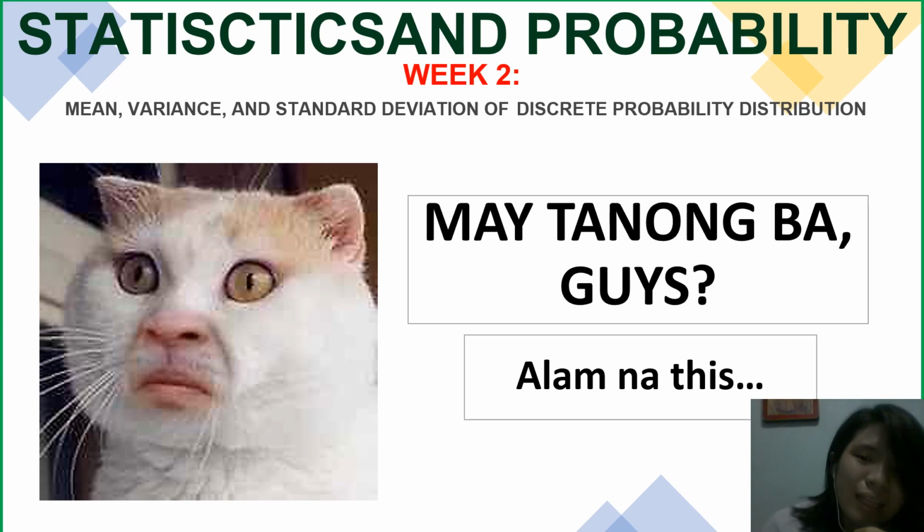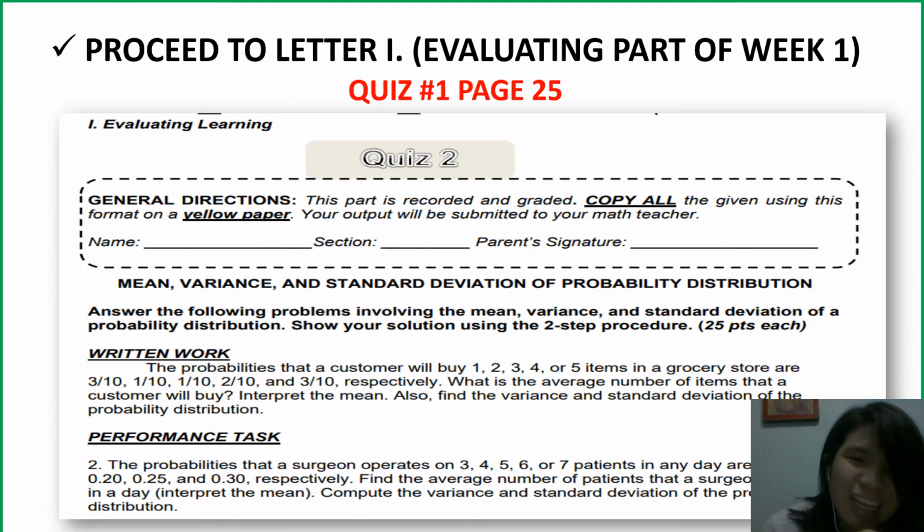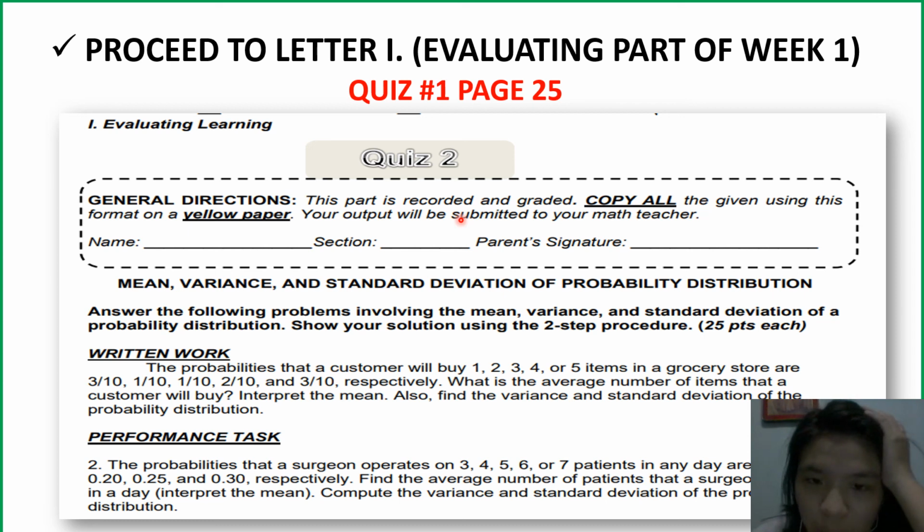So, yun na. Alam na. So, yung sasagutan natin sa week 2 is yung quiz number 2. And, kung nakita nyo pala yung sinend ko sa group chat, GC nyo, may nilagay ako doon na following points.